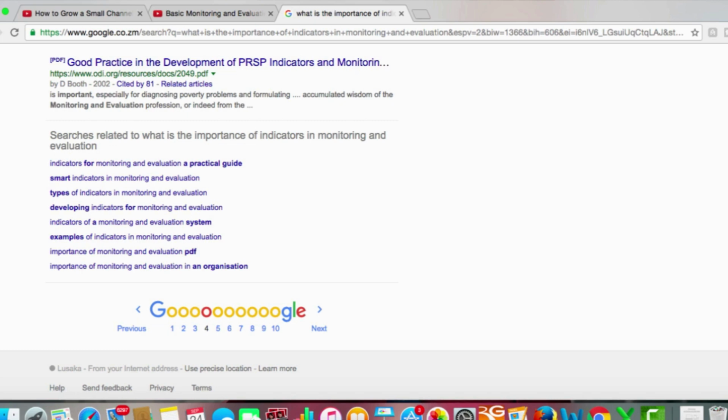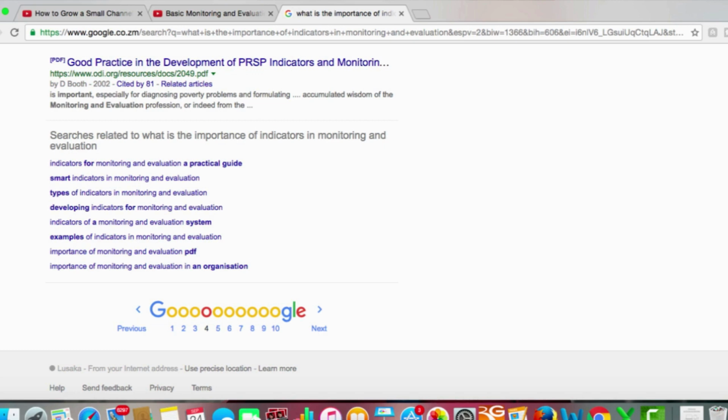Indicators, to start with, are very important because they help measure change. You see, once you're running these programs or projects, when you have an indicator, you are best able to know the performance of your program.